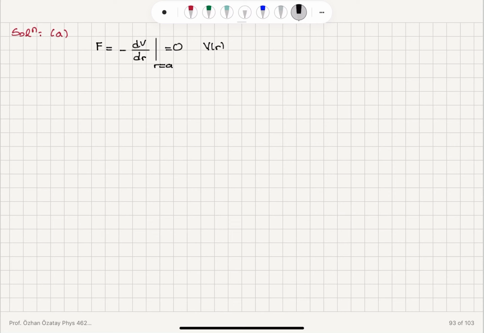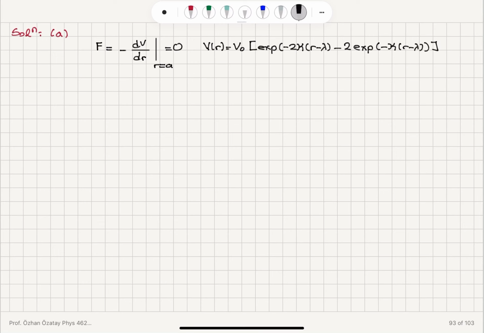So V(r) is given, that's the Morse potential, V0 exp(-2κ(r - λ)), this is our repulsive term, and minus 2 exp(-κ(r - λ)), this is our attractive term.